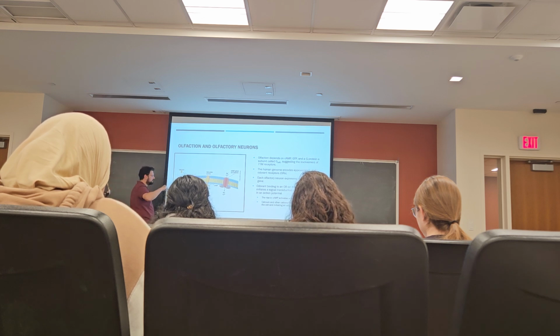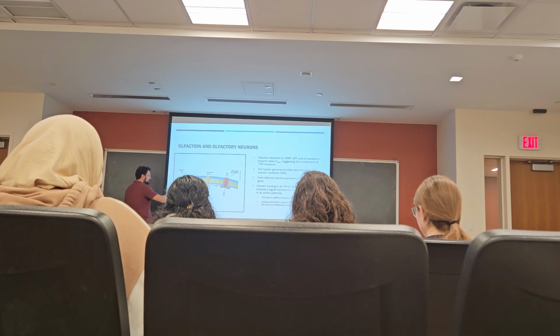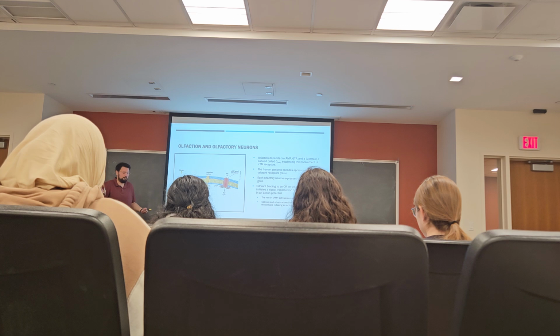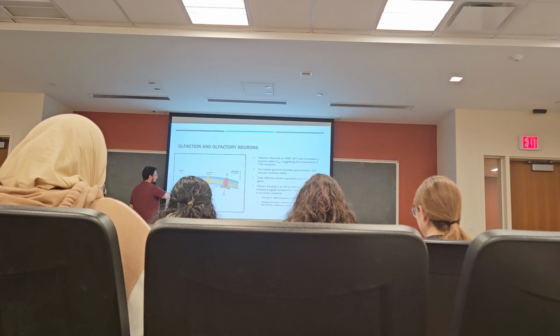All the olfactory receptors work exactly the same. They activate G-olf, right? G-olf, which is similar to G-alpha, a little bit different, okay? But here, this dissociates from G-beta gamma like we've seen before. G-olf, which is now active, right, due to the GEF activity of this receptor, exchanges its GDP for GTP, is now active.